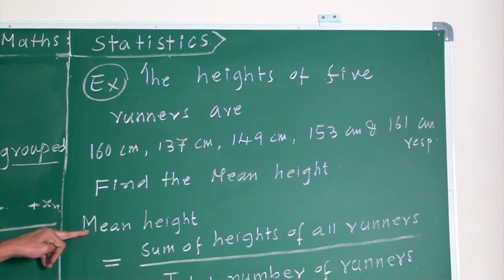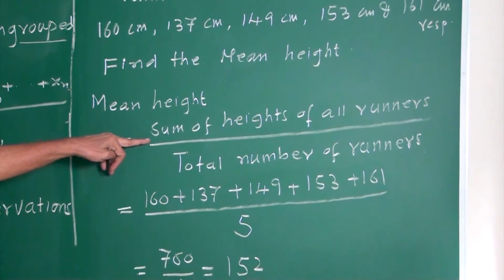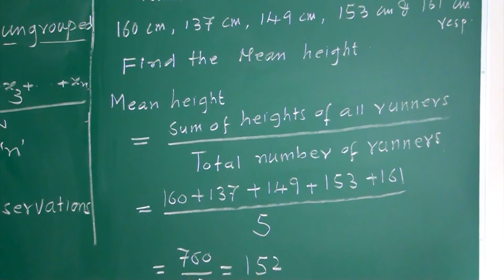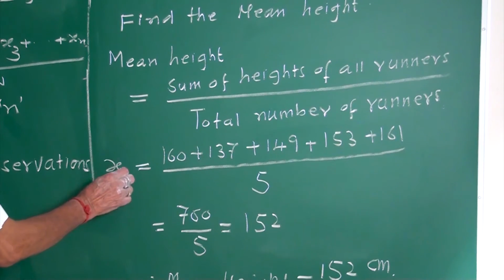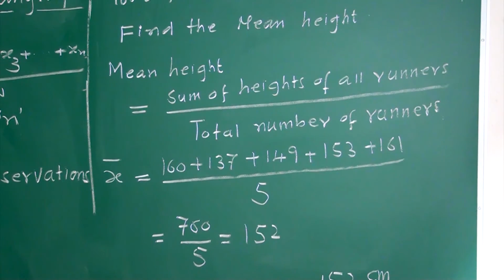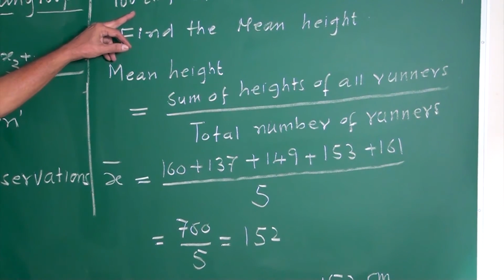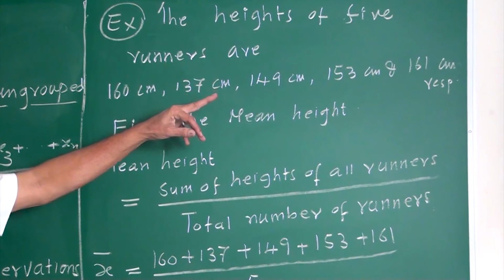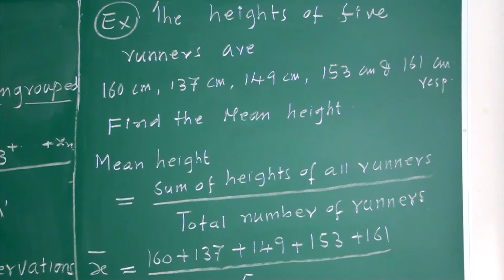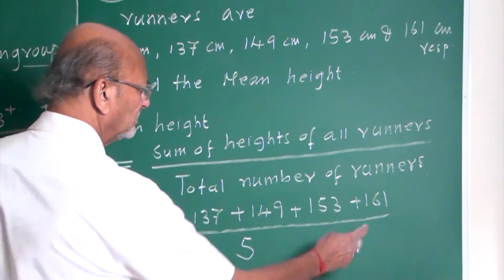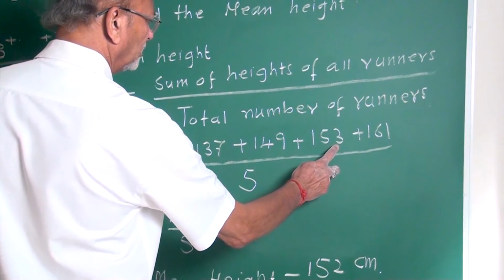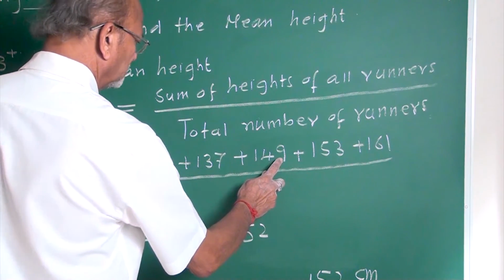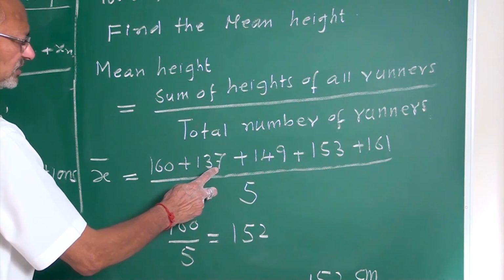The mean height equals the sum of heights of all runners divided by the total number of runners, that is x bar. Sum of all: 160 plus 137 plus 149 plus 153 plus 161. Just this last digit you can verify. 1 plus 3, 4. 4 plus 9, 13. 13 plus 7 is 20.